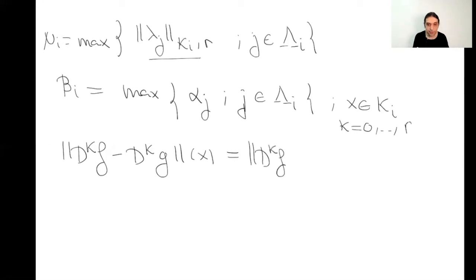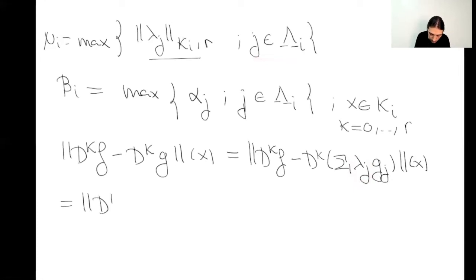So here we have some derivative of f minus the derivative of the sum of lambda j times g sub j. Since we are considering just points in ki, what happens is that lambda j of x is always 0 except if j belongs to lambda I. And we are going to use that.